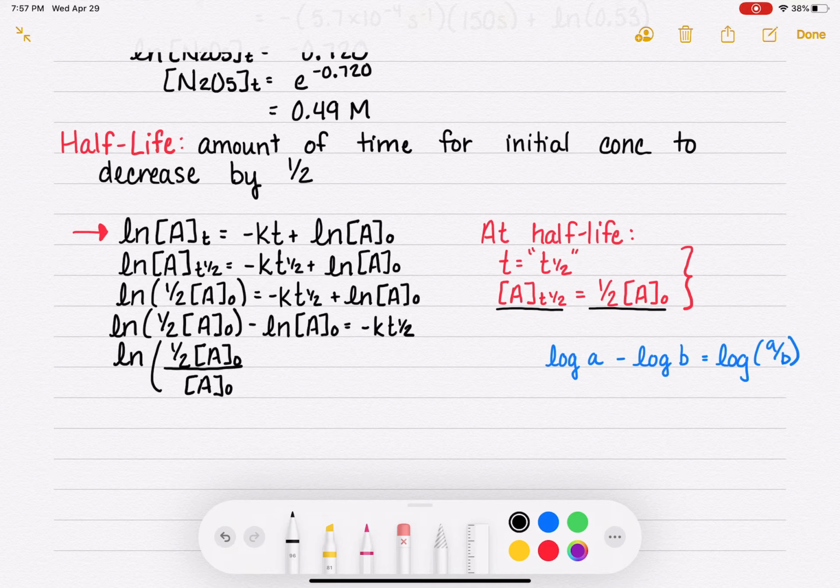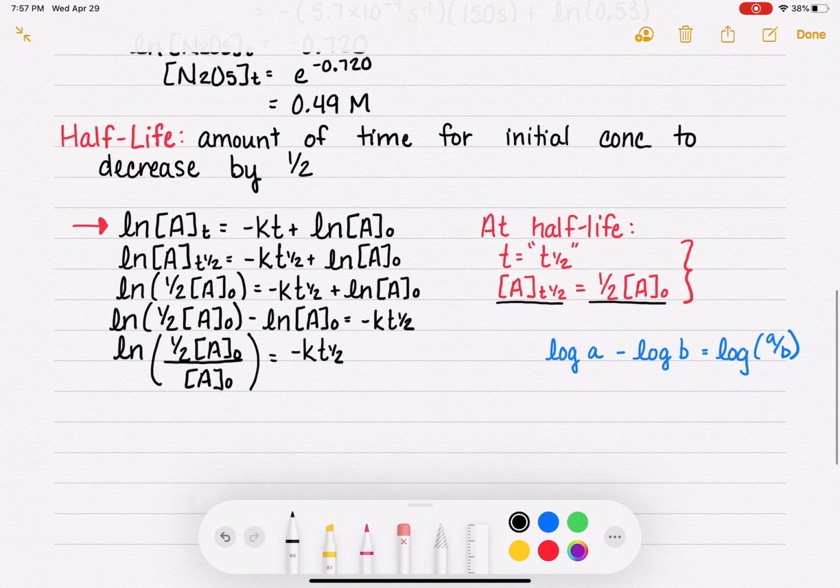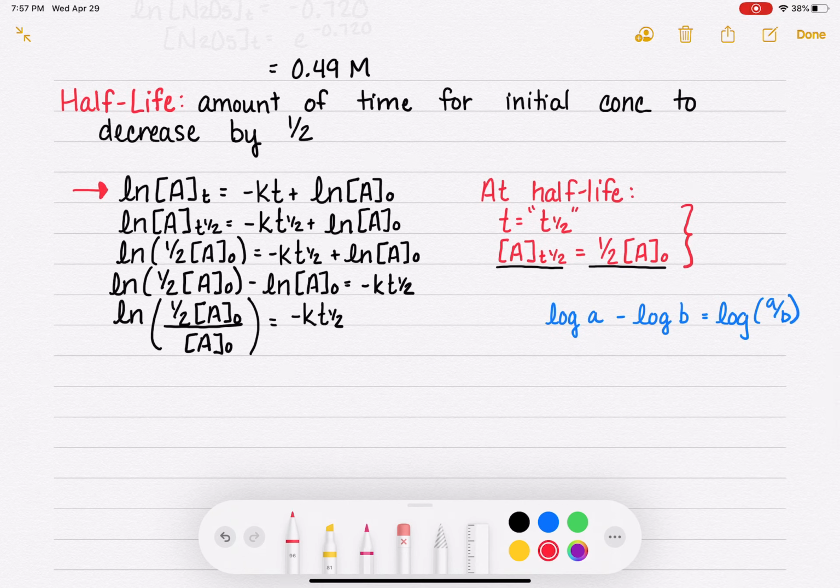That allows us to combine the two together. That is equal to negative kt1/2. Those A zeros cancel out, and we are left with the natural log of 1/2 equals negative kt1/2.